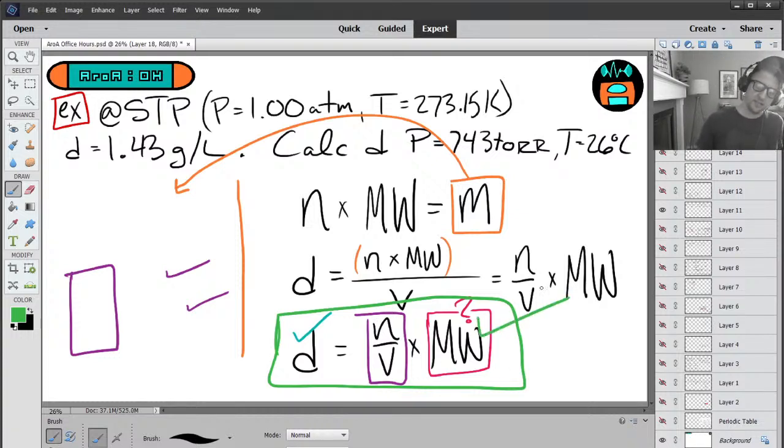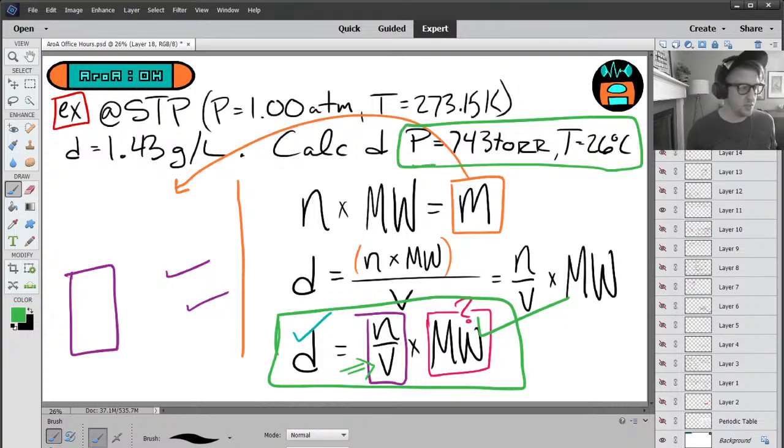Now we know this. We need to calculate the new mole to volume ratio based on this pressure and temperature, and then we'll be able to calculate our density.